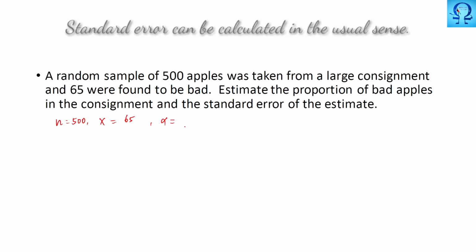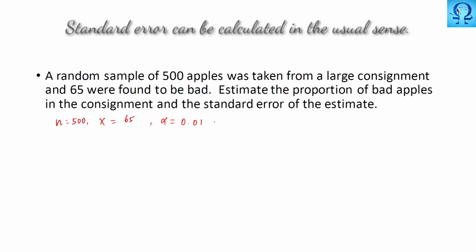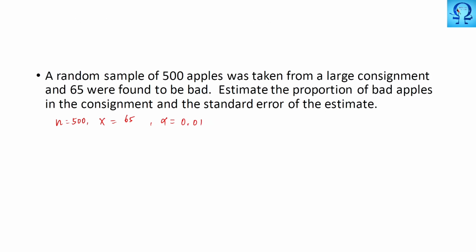Alpha is not specified, so we just take it to be 0.01. So z alpha upon 2, from the table, is 2.575. Now let us find the 99 percent confidence interval.